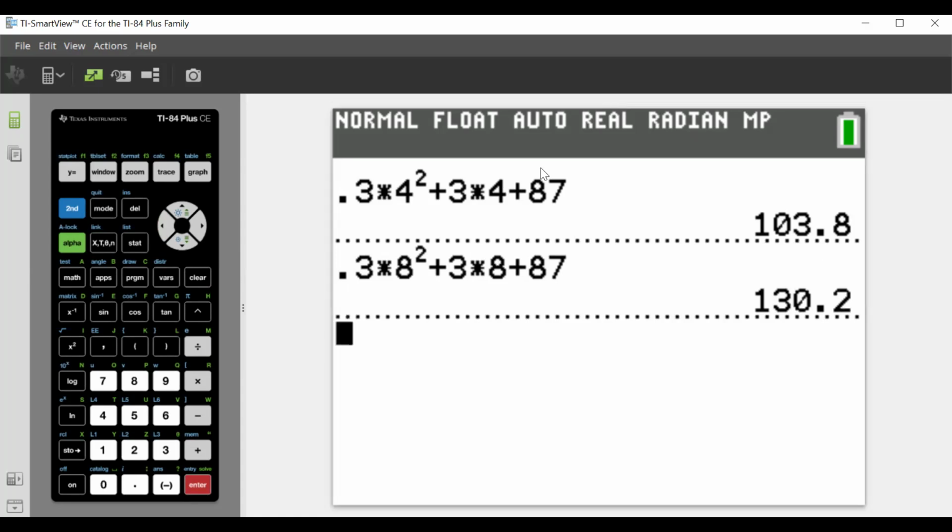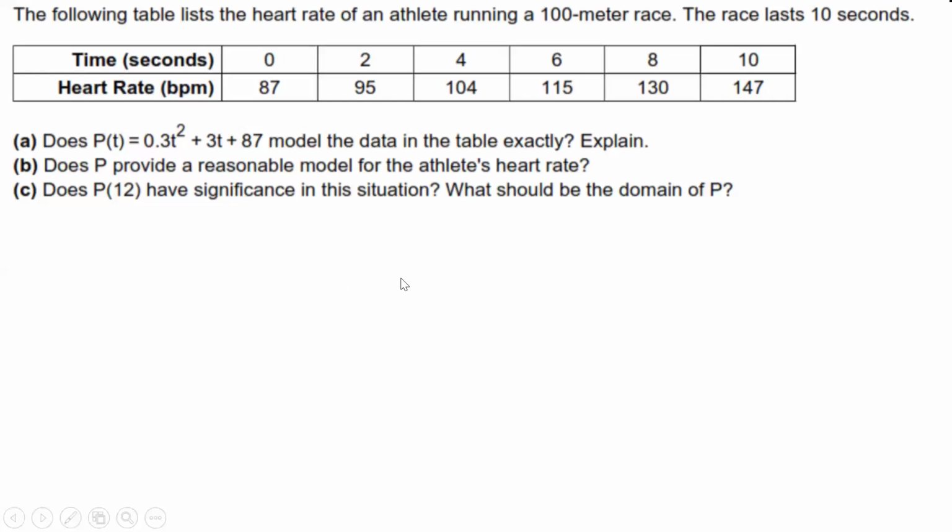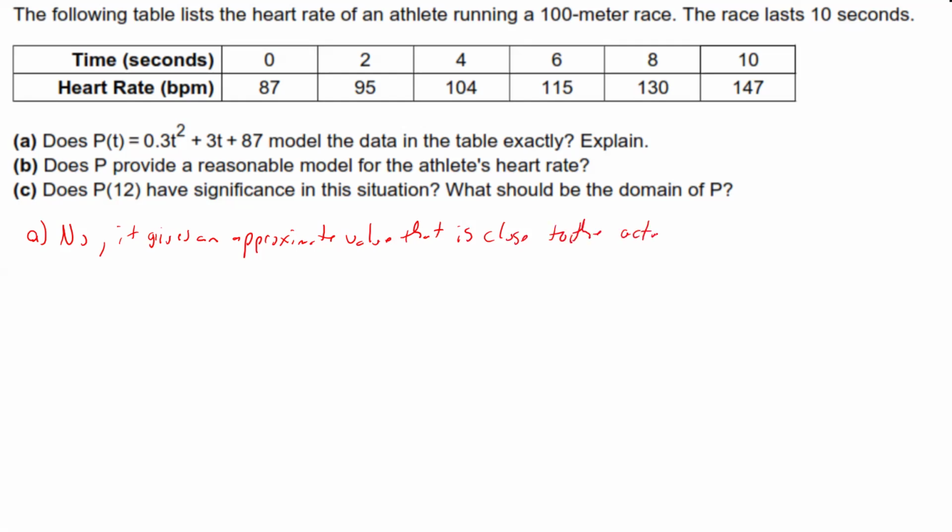So I think what we can say is no. So for A, it's no, and it gives an approximate value that is close to the actual. Again, this one we had 130.2, and this was 103.8.